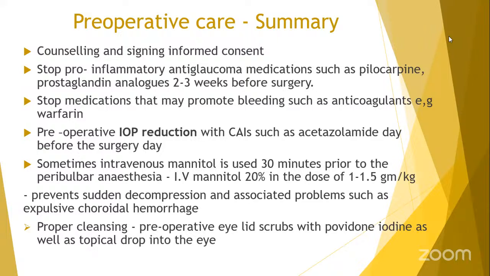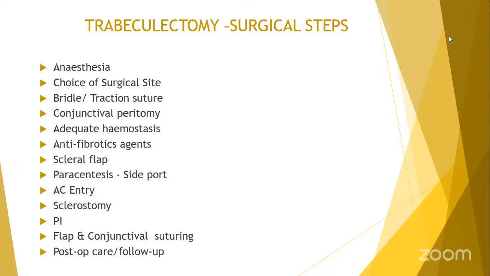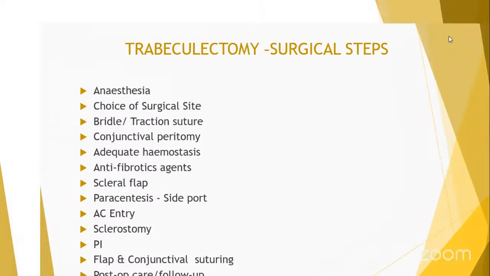We do proper cleansing, the routine preoperative eyelid scrubs with povidone iodine, as well as the eye drops into the eye. But today's discussion, we're going to delve into the surgery itself, starting from anesthesia, choice of surgical site, and the rest of them, down to when we have sutured our conjunctiva and the immediate post-operative care.